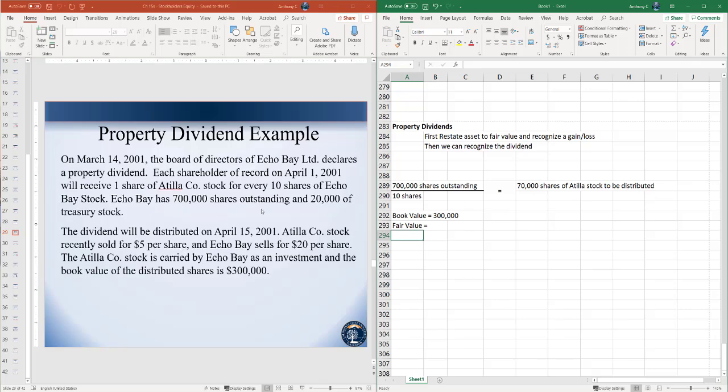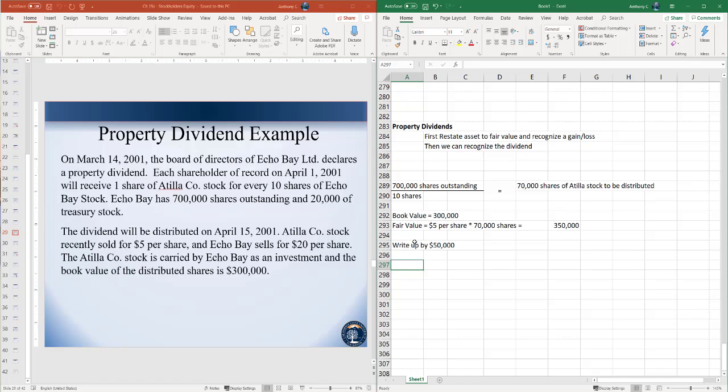If we look back through the problem, it tells us Attila stock recently sold for $5 per share. In other words, it recently sold on the market for $5 per share, so that's its fair value. We multiply that by the 70,000 shares that we're going to distribute, and that gets us to 350,000. It's carried on the books at 300,000 and the fair value is 350,000, so we need to write it up by $50,000.